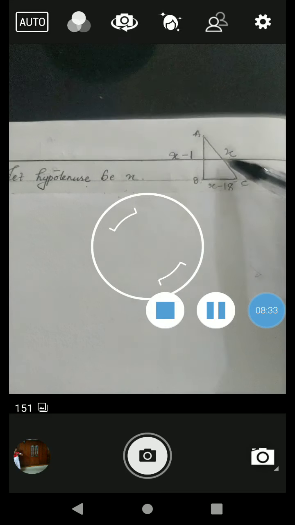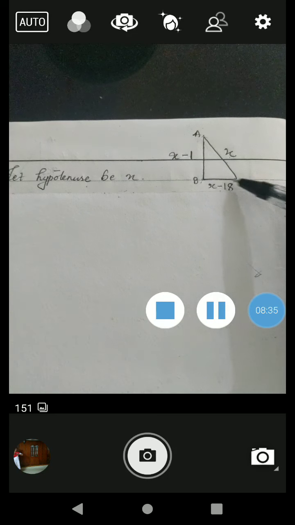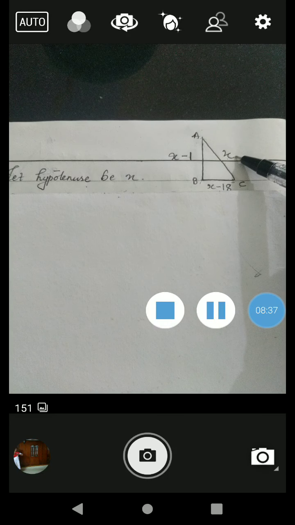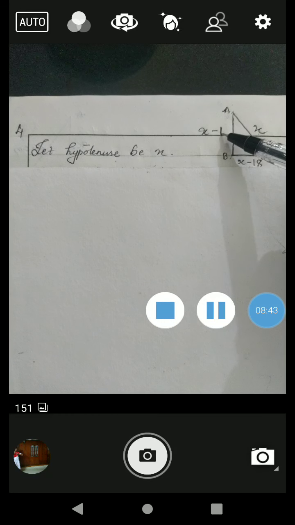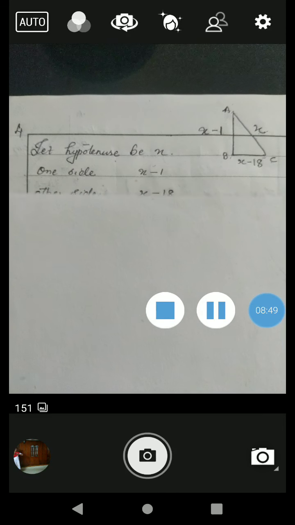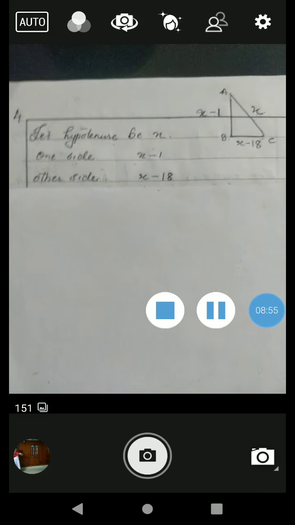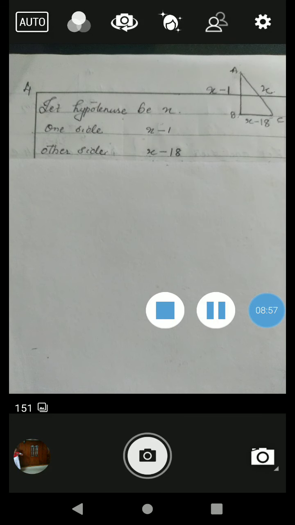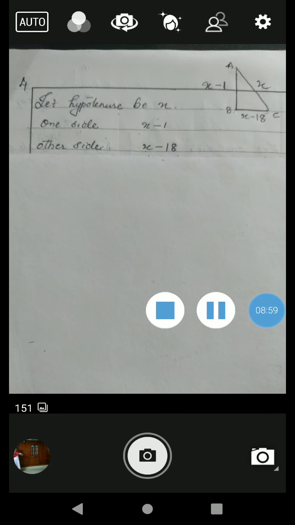So, let the hypotenuse be x and it exceeds one side by 1 centimeter. Therefore, one side is x minus 1 centimeter and the other side is x minus 18 centimeter according to the statement. Now here also we can apply that Pythagoras theorem.